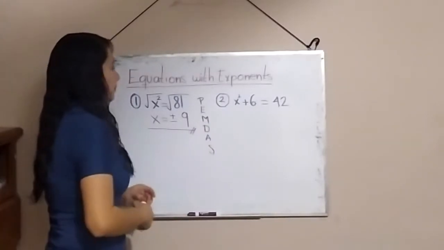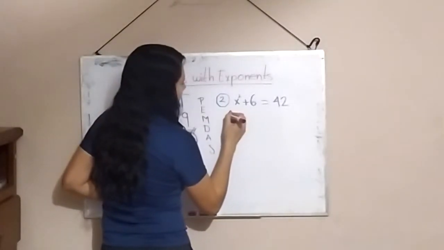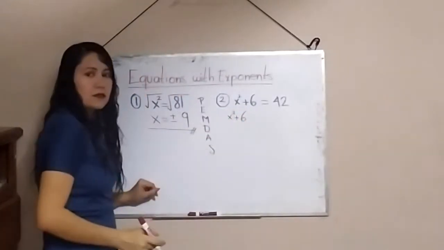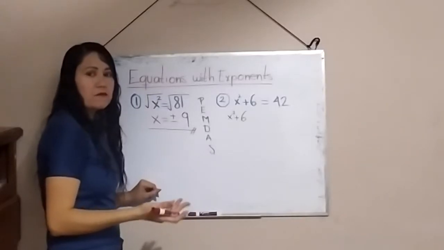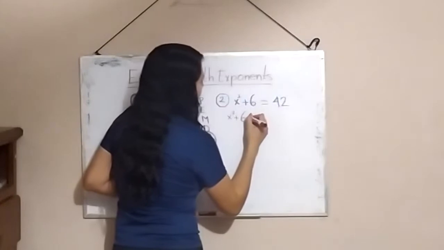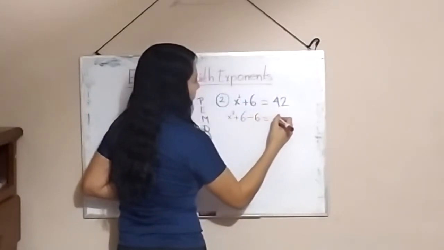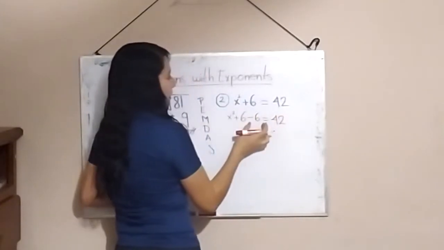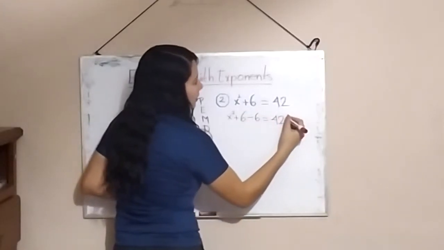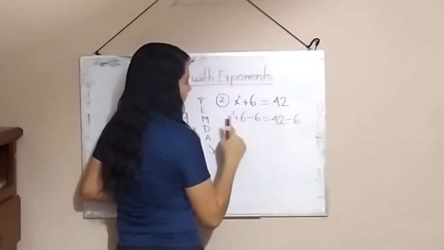So let's add an element that will remove the 6. What is the opposite operation of plus or the addition? It's a subtraction. Since we added a negative 6 on this side of the equation, we are going to add one on the other side.